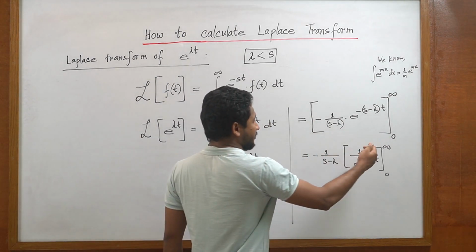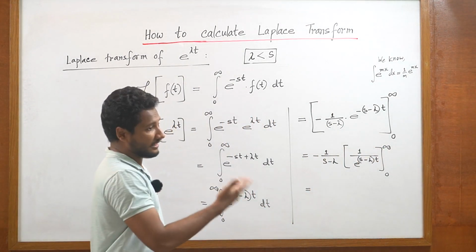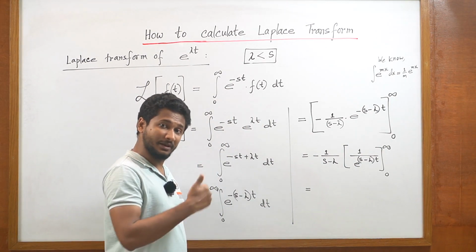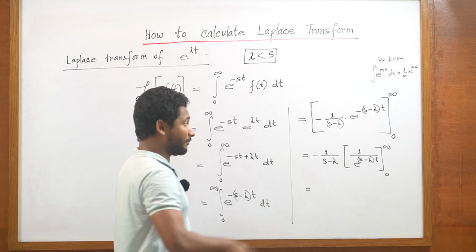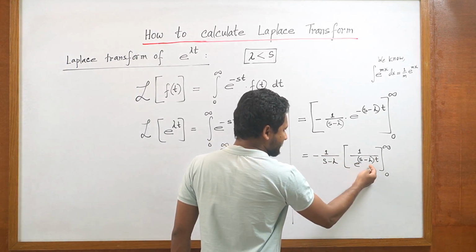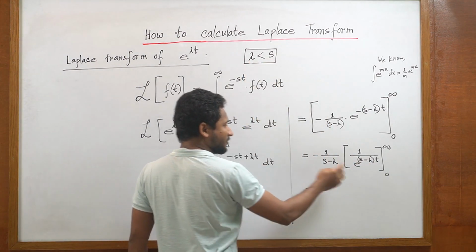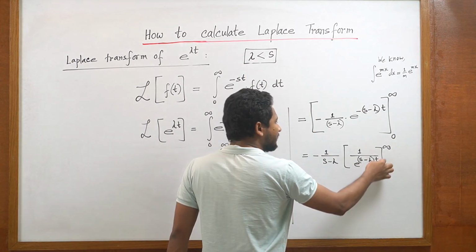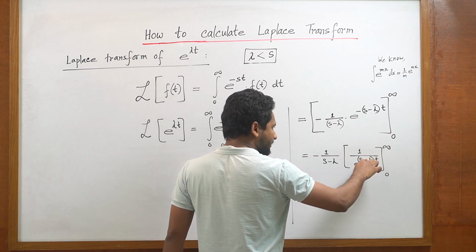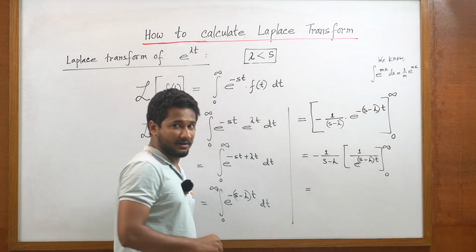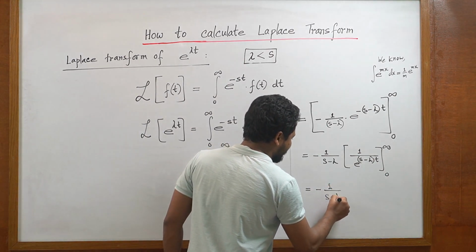And when you plug in infinity to the numerator, the result will be infinity, and that result is not known. But here this function is in the denominator because lambda is less than s. So now we plug in infinity, and 1 by e to the power s minus lambda t gives the result 0.